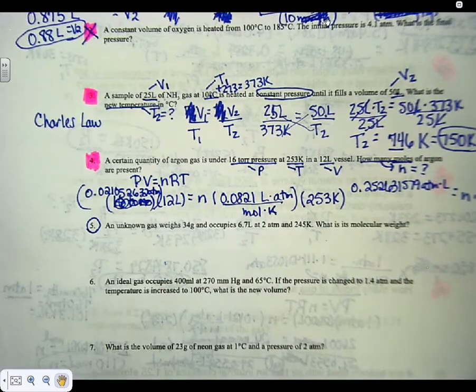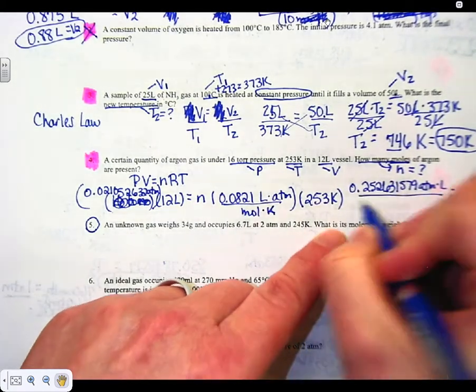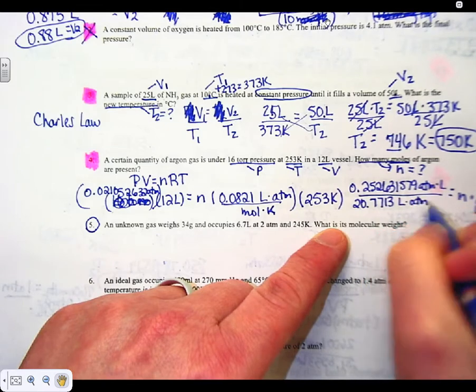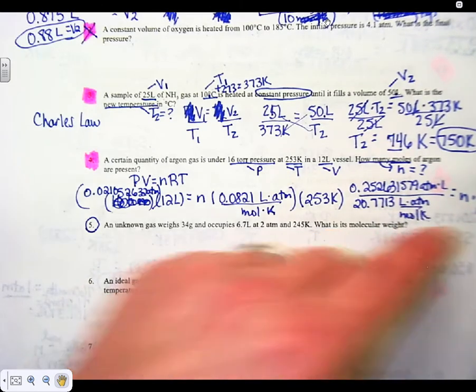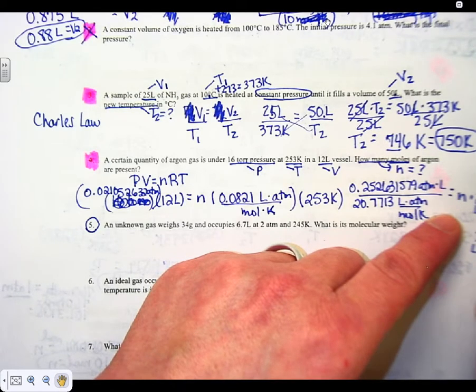And then, obviously, to solve for n, we're going to have to divide both sides by 20.7713 liter atmosphere per mole Kelvin.